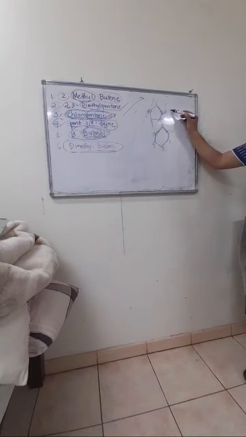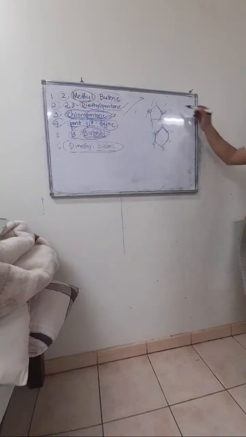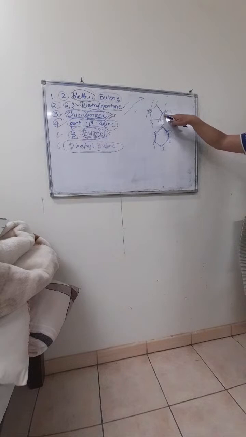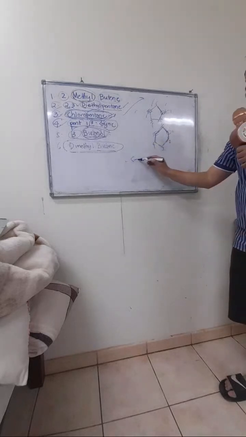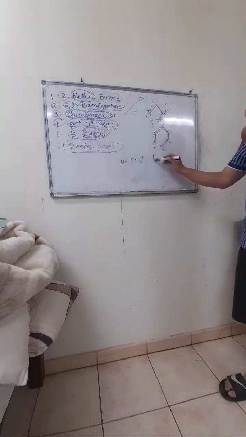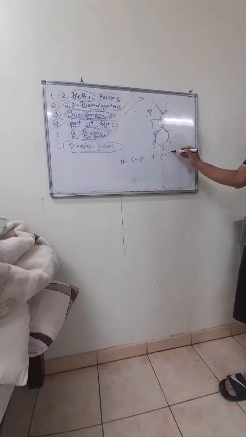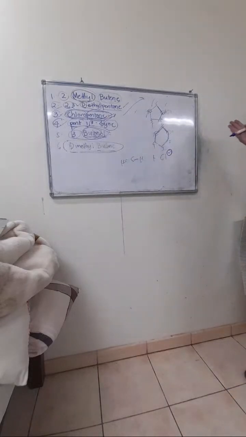So, Cl. When you attach, you don't carry the negative charge of chlorine, because this negative will react with the H in this particular carbon in the shoulder. Carbon H plus carbon chloride. Then the chloride is very hungry because it is electronegative.